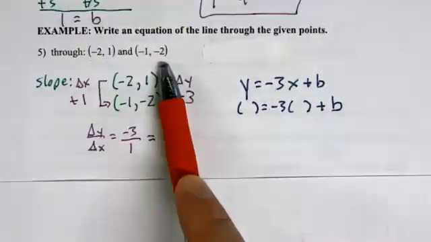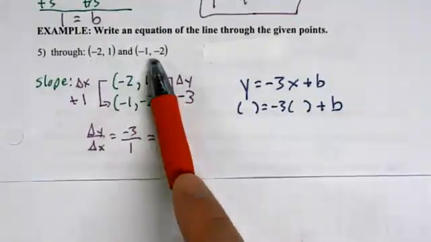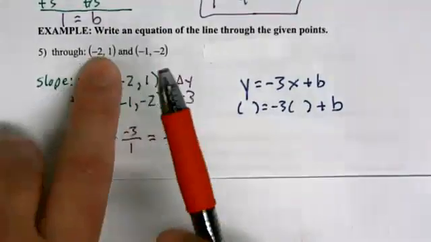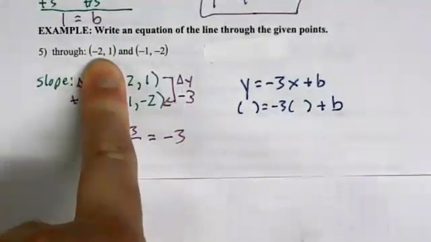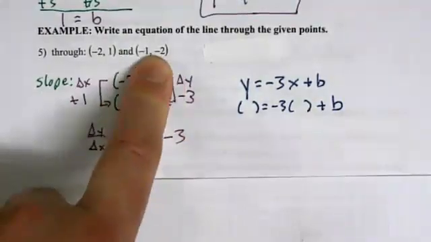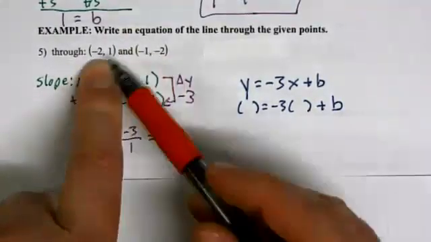So let me tell you, there's no wrong answer here. You can use this point or you can use this point. Which one looks easier to you? I would probably go with this one because it's got 1 negative instead of 2 negatives. I stay away from negatives because they cause me mistakes. But you could use this one. You're going to get the same answer. It doesn't matter.